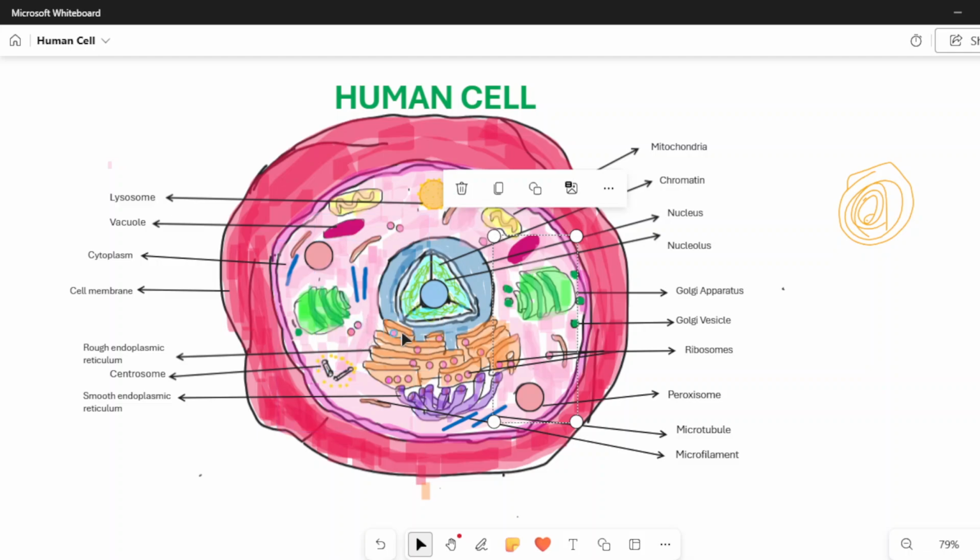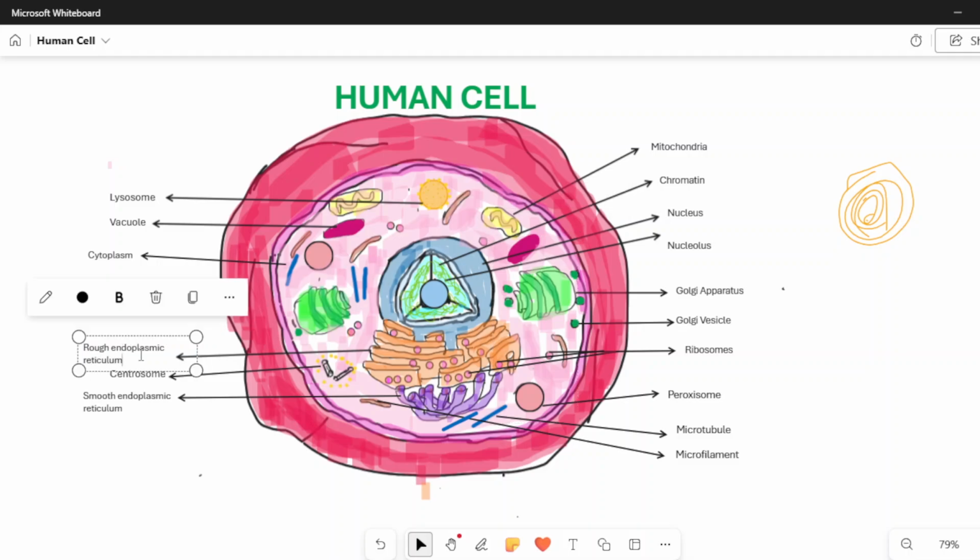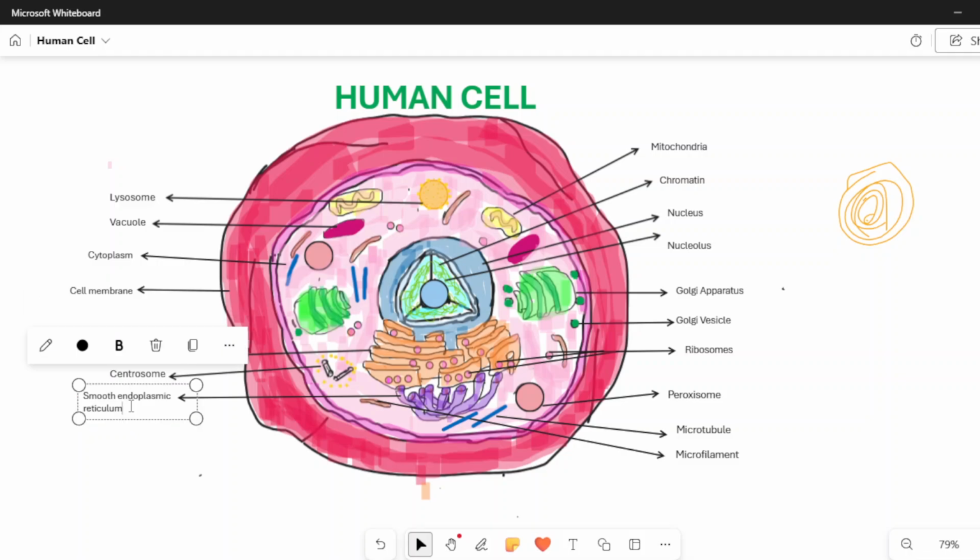Next, the other part which is attached to this nucleus, if you see, is the endoplasmic reticulum. So you can see here, this is the endoplasmic reticulum, which is divided into two: rough endoplasmic reticulum, and these tube-like structures, which are smooth endoplasmic reticulum. In the rough endoplasmic reticulum, you have the ribosomes attached.